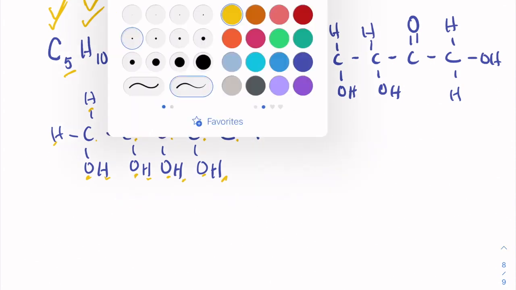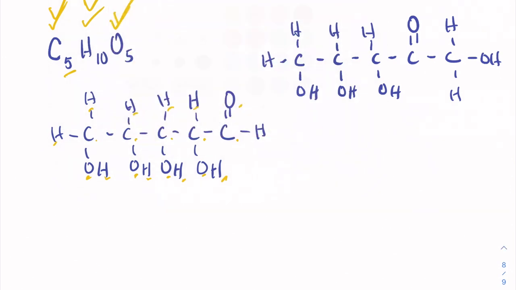What happens is that this thing will bend over and this carbon will come over here and hook up with that oxygen, and this hydrogen will move to the oxygen. I cannot draw this because I'm a terrible artist. But it forms a ring.